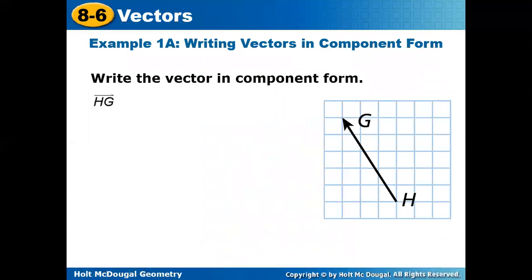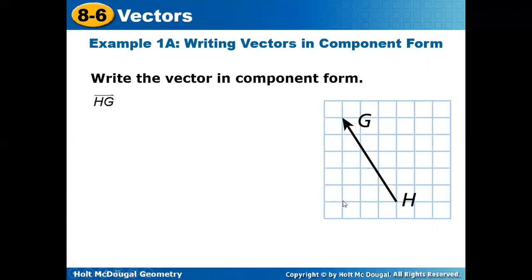Now, example 1, write the vector in component form. We know that the component form is the horizontal and vertical changes from the initial point to the terminal point. So start at the initial point H. So we are here. To reach the point G, we need horizontal change. How many units? Count with me. 1, 2, 3.